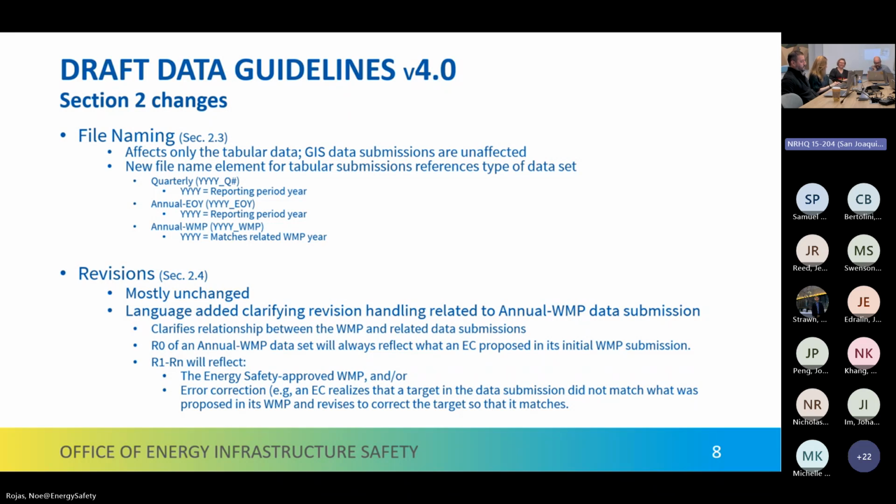So when a base WMP is submitted to the department, the corresponding data set will be revision 0, and that will reflect what the EC has documented, has reported in its base WMP as it's submitted. Revisions 1 and onward will reflect the energy safety approved WMP. So, when there are changes to targets and projections through that evaluation and decision process, there will be corresponding revisions to reflect what was approved in the final document.